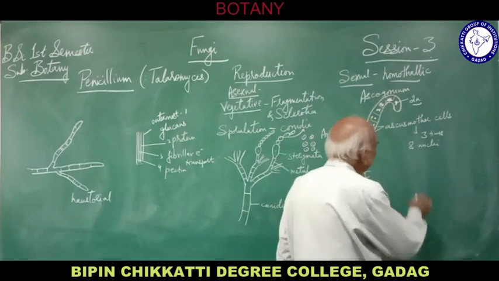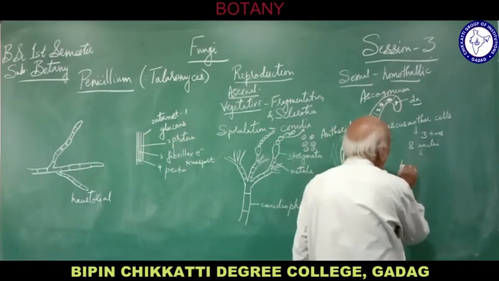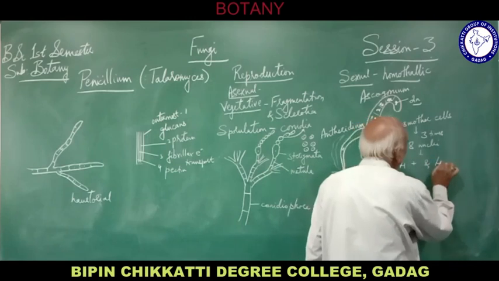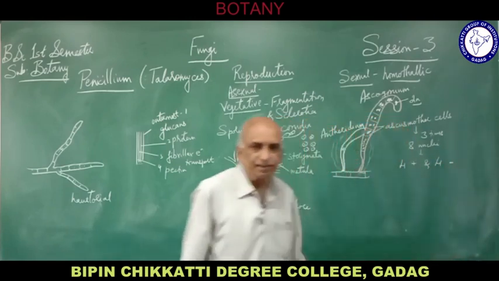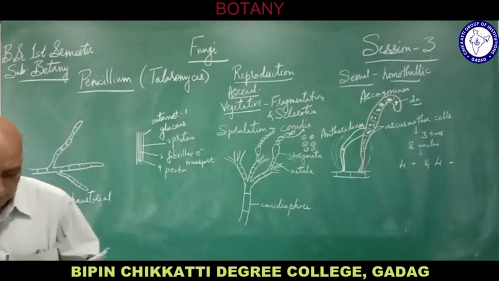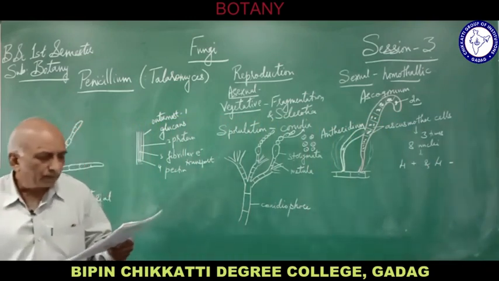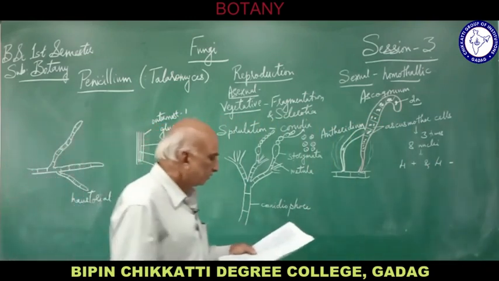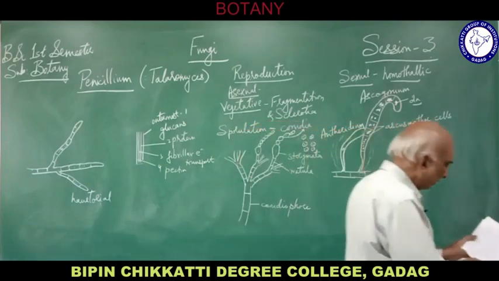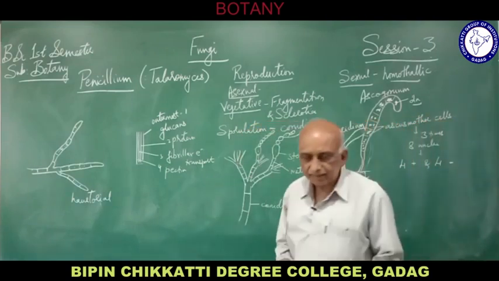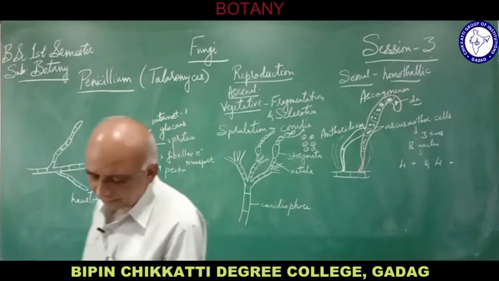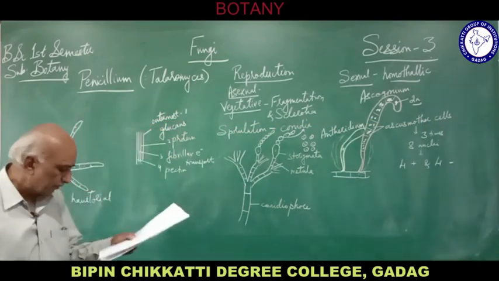Out of these 8, 4 are of plus strain and 4 are of minus strain, that means male and female. So the antheridia are the plus and the ascogonia are the minus. So that is one which is used.